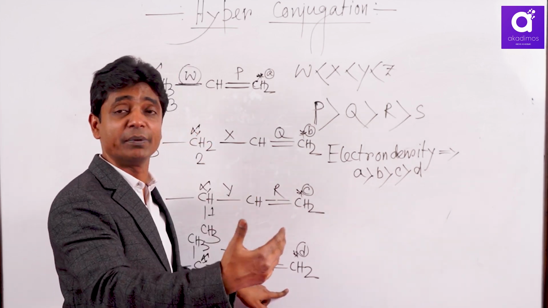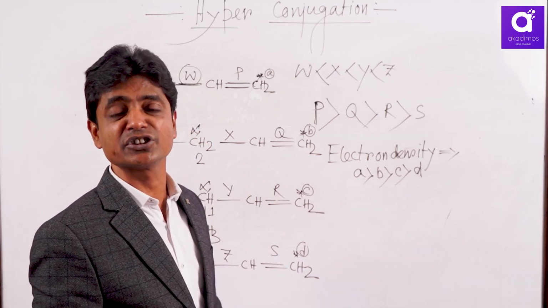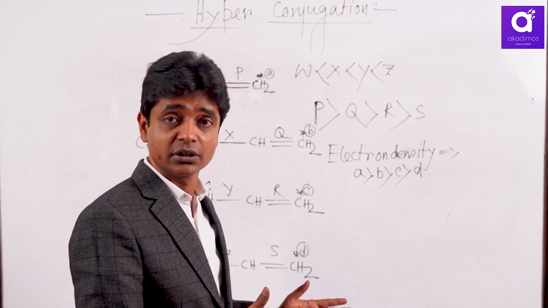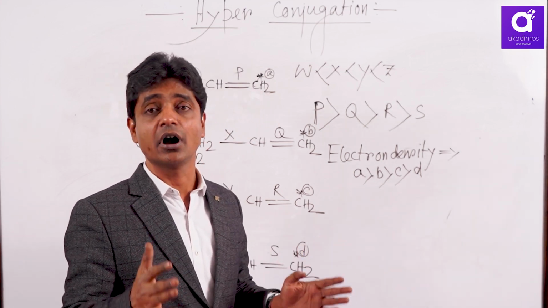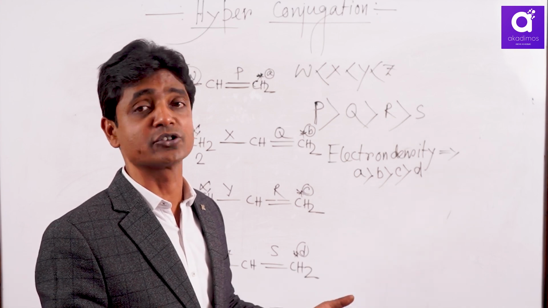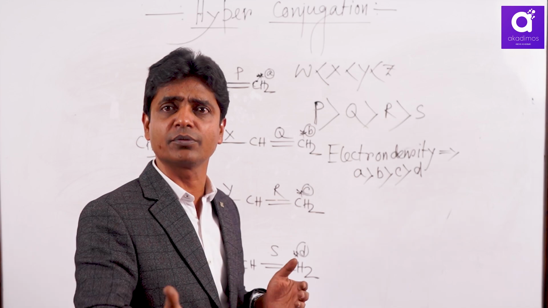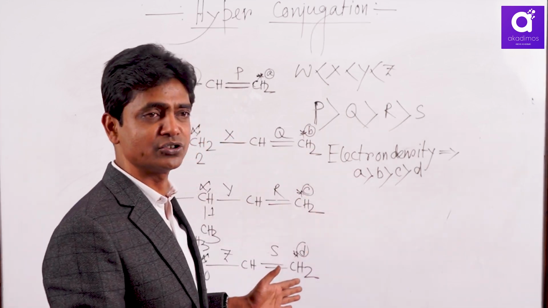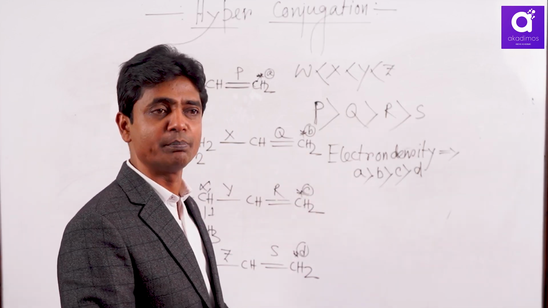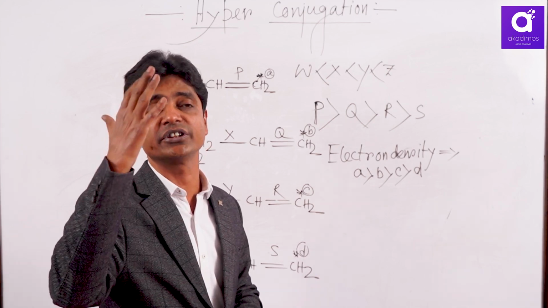From there you can easily compare the rate of reaction towards an electrophile, and you know the maximum reactions of alkenes and alkynes are electrophilic reactions, that is electrophilic addition. By using the hyperconjugation concept, you can easily compare the rate of reaction towards an electrophile.